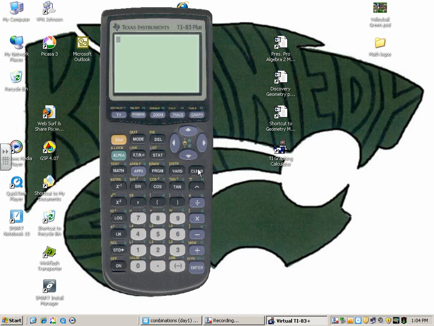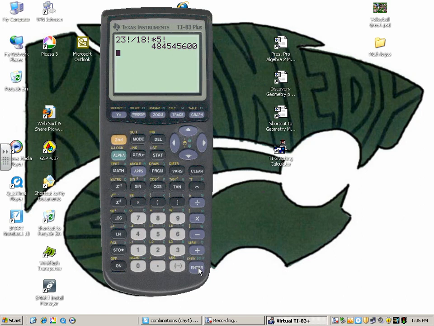Okay, so I hit 23, the math key, go over to probability, get 23 factorial divided by 18 factorial, times 5 factorial. You have to be as smart as the calculator. The calculator knows the order of operations, and apparently, if this is what you're typing in, you do not.